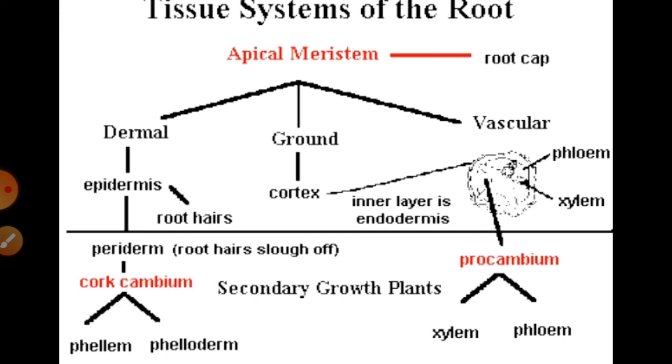The dermal tissue is related to the outer part, the skin of the plant, such as the epidermis and root hairs. It can form the periderm, especially in secondary growth conditions. In that case the dermal or epidermal tissue can change.